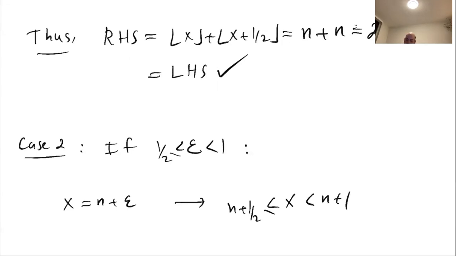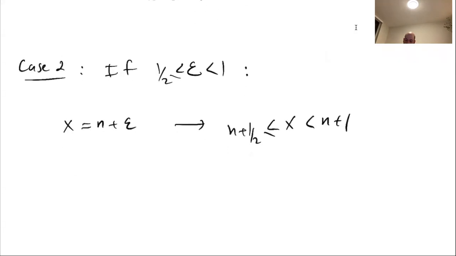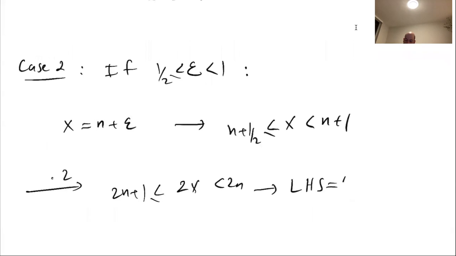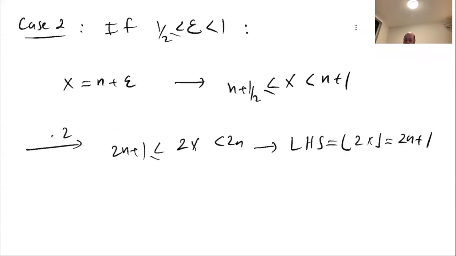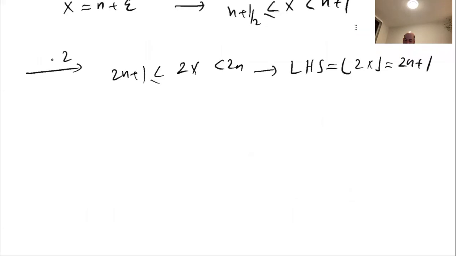Because epsilon is bigger than 1/2, so n plus epsilon is bigger than n plus 1/2. And if I multiply by 2, 2x is bigger than or equal to 2n plus 1 and less than 2n plus 2. So in this case, left-hand side, which was floor of 2x, will be 2n plus 1. Now I have to show the right-hand side is also 2n plus 1, and then I can say that again, they are equal.